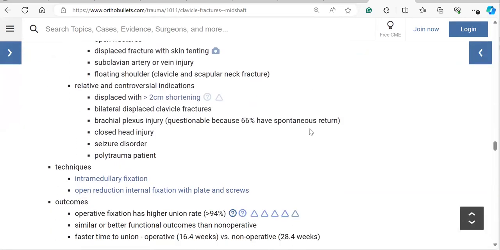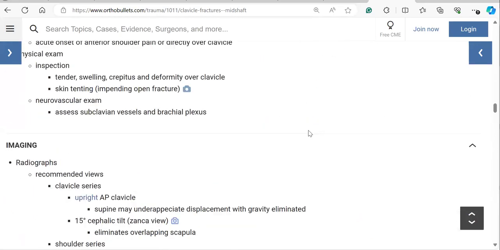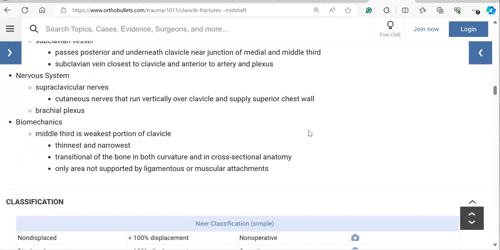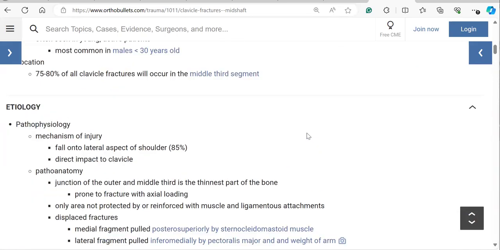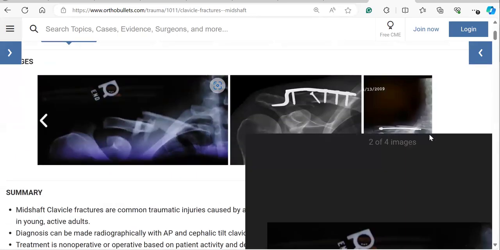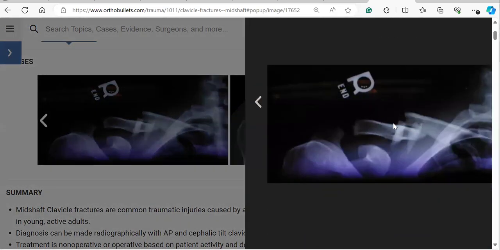Okay? So remember one thing, that if it is fully displaced, even sometimes, so even if it is fully displaced like this, even sometimes if we can do reduction and put the bone to bone together, then sometimes we go for sling without putting anything inside. So that happens.